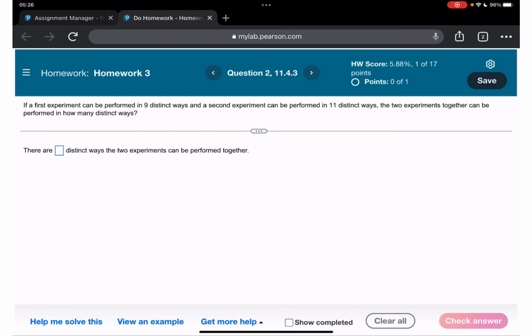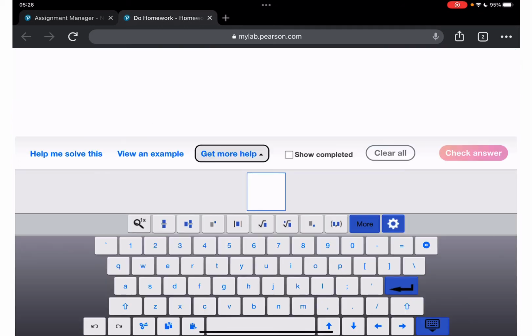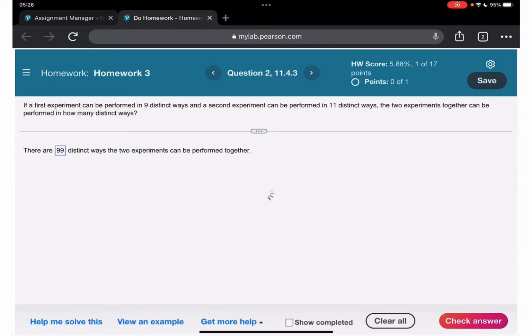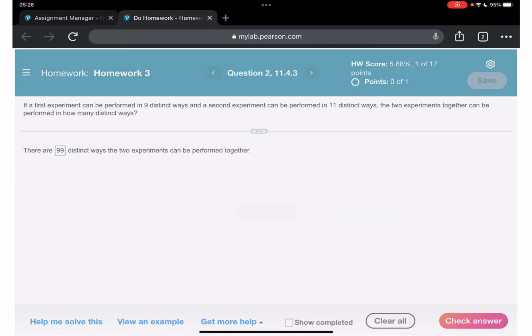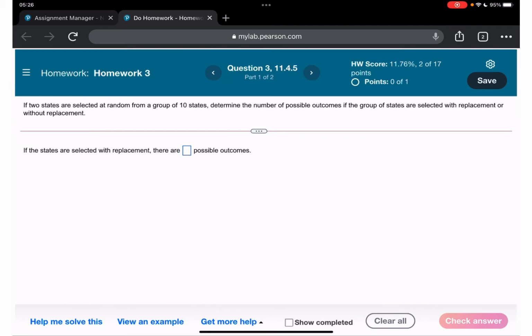Then in that case we are going to do multiplication between two events, which are the first experiment, 9 distinct ways, and the second experiment, 11 distinct ways. So if we multiply them by each other, we are going to get 99. Fantastic. Moving to next question.